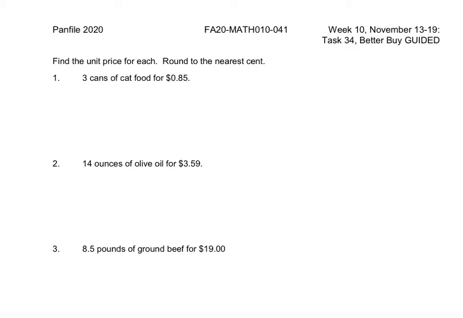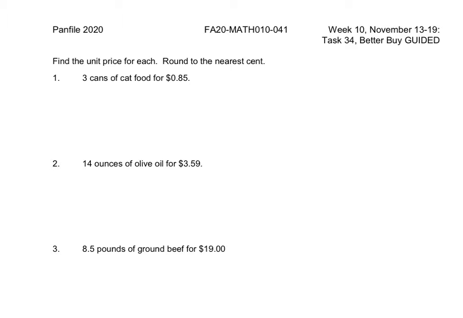So unit rate is anytime you're finding the rate per unit. Unit price is anytime you're finding the price per unit. Now I think I got that.